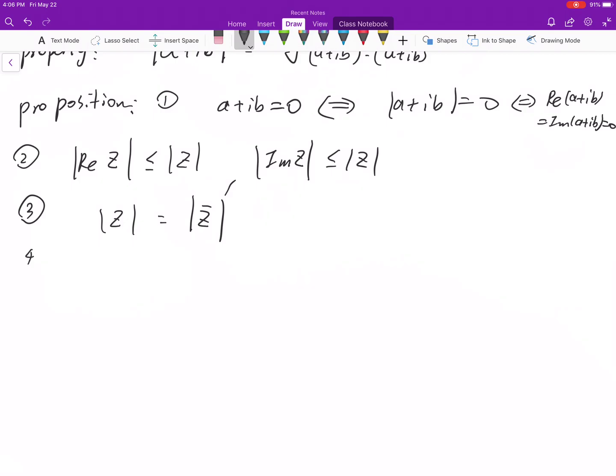Okay, and 4, the real part can be computed in the following way. The complex number plus its conjugate, divided by 2. Or if you like, we can write in this way.